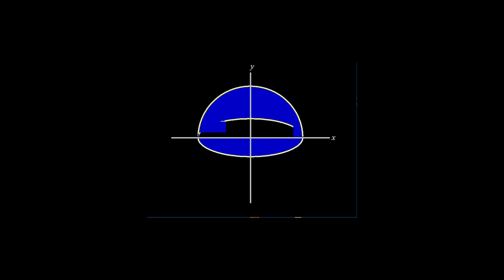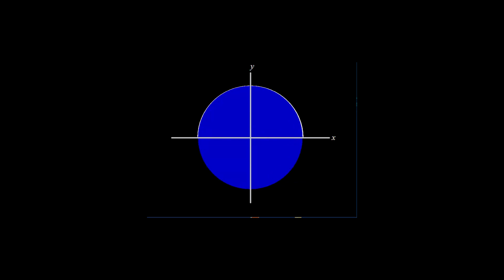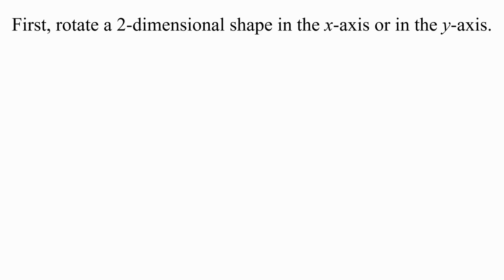And finally, rotation about the x-axis to produce a sphere. Now the first stage is to consider rotating a two-dimensional shape either in the x-axis or in the y-axis.